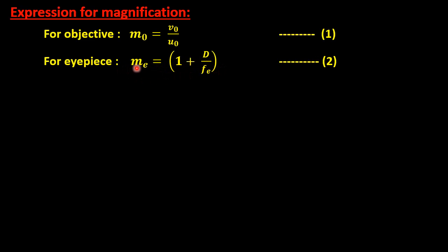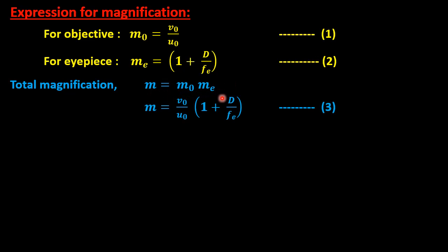This we have already derived for the simple microscope. This is our equation number 2. Then the total magnification due to the compound microscope is M equals M0 into ME. Here we use equations number 1 and 2, and we get equation number 3.